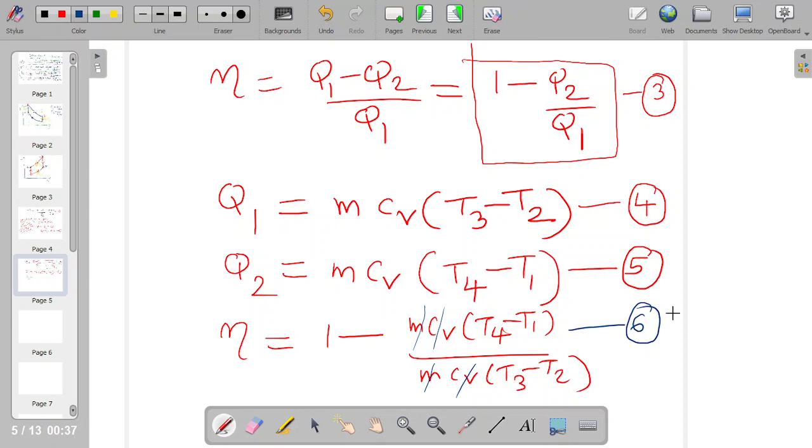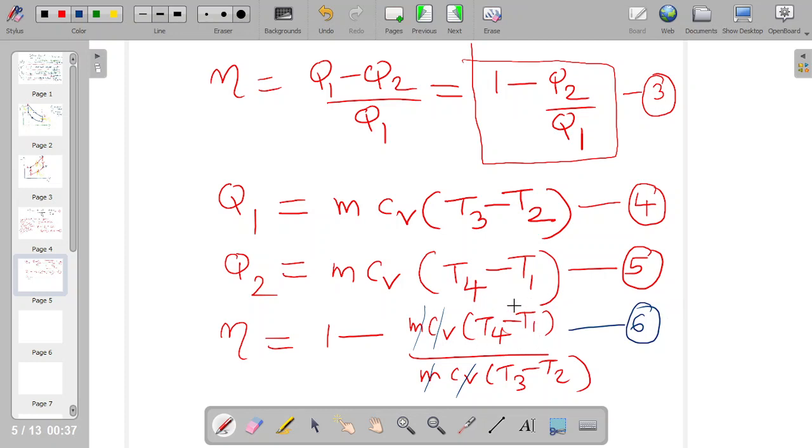But in this expression, every term is in terms of temperature. It is of no use to us because we want to derive the air standard efficiency, and we have to express it in terms of some engine specifications. Important engine specifications are volume, swept volume, clearance volume, etc. So we have to introduce volume here.